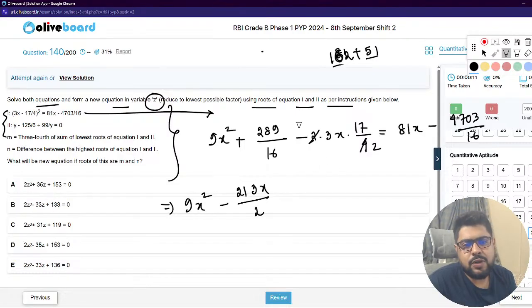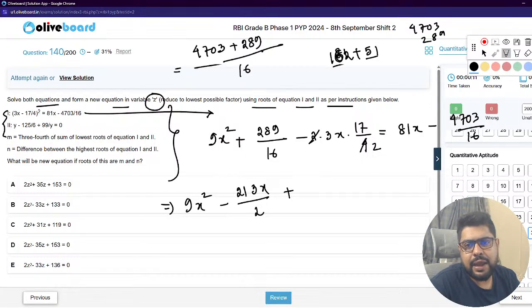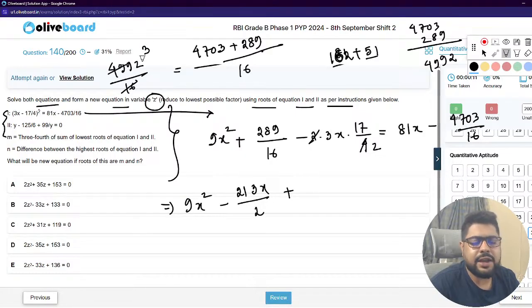Right? Now, this will become plus 4703 plus 289, total divided by 16, sir. If you calculate this, 4703 plus 289 is 4992. 4992 by 16 is 312.